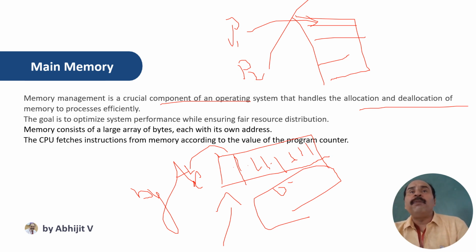Memory storage requires a unique identifier. Identifier means it has a unique value. Every memory allocation is unique, and this identifier is used to find out the location at which the information is stored.